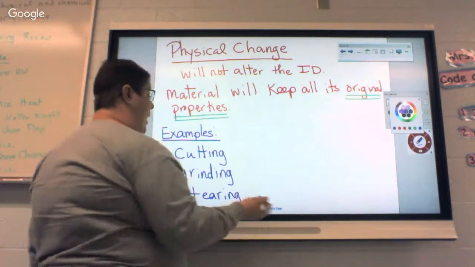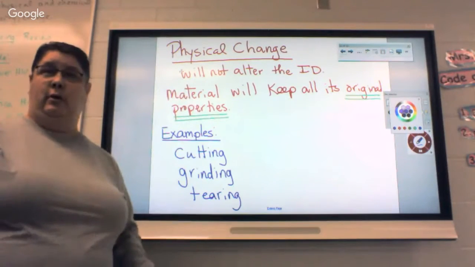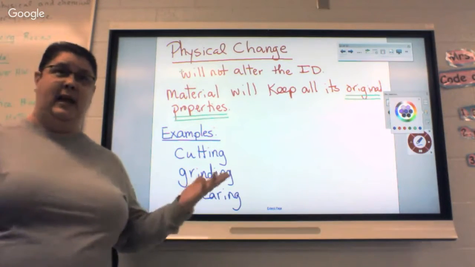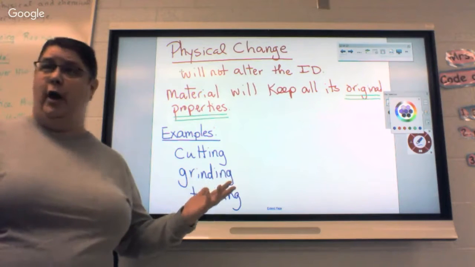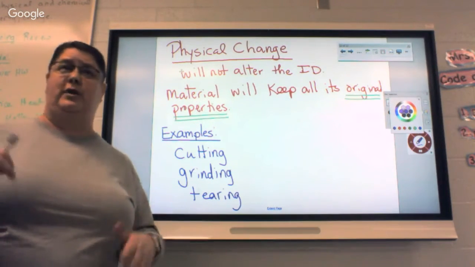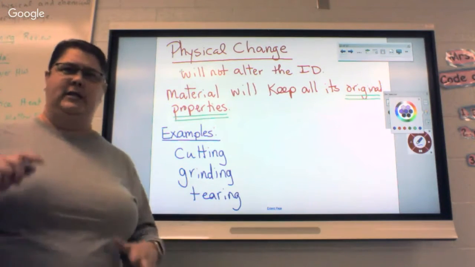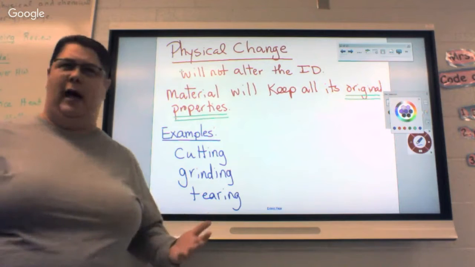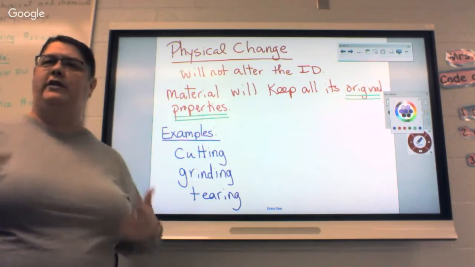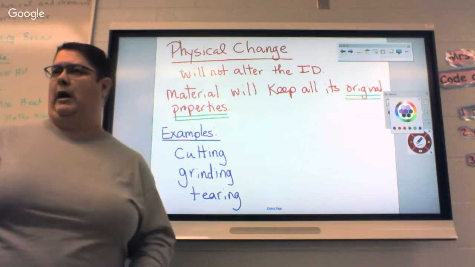If you have a piece of paper, like you're using right now, and you rip it up, tear it up, did it get any new properties? No. If you take a foods class, you take a pepper and you cut it up, grind it up, mash it up, does the pepper change in any way? No, it has all of its own properties. Nothing changed about the pepper.